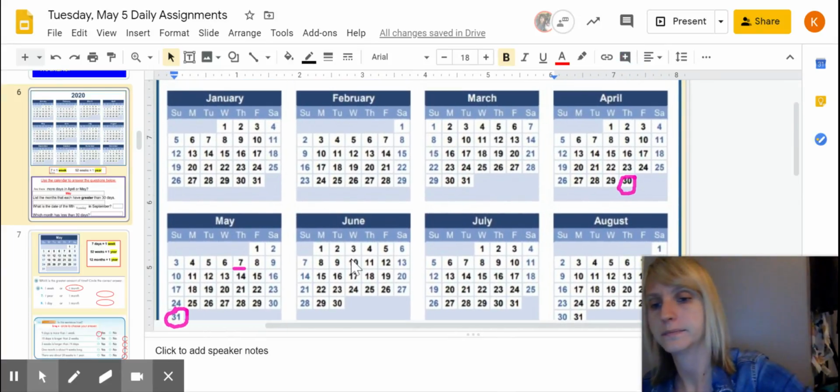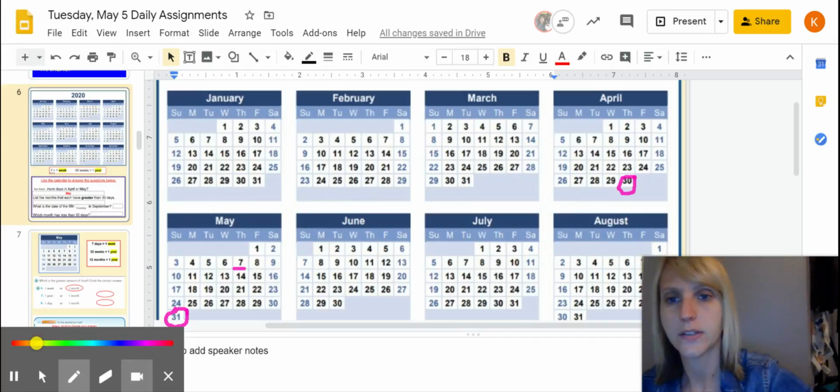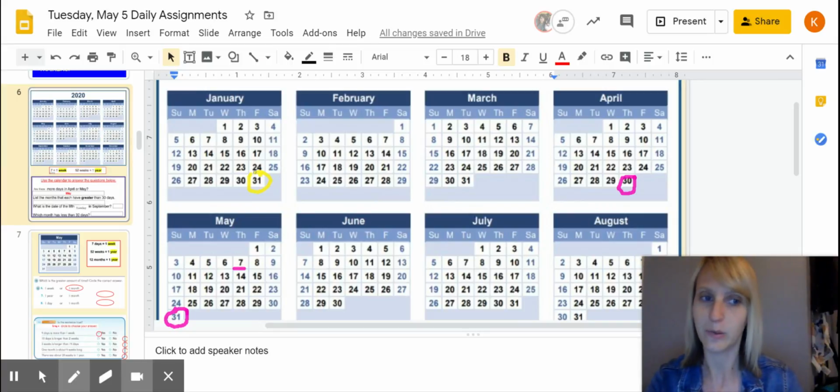I'm going to use my cool tool here. I'm going to do it in yellow. Okay, so we know January has more than 30 days. It ends at 31. February normally has 28 days, guys, but this year we had 29 in February. We had a leap year, but still not quite 31.